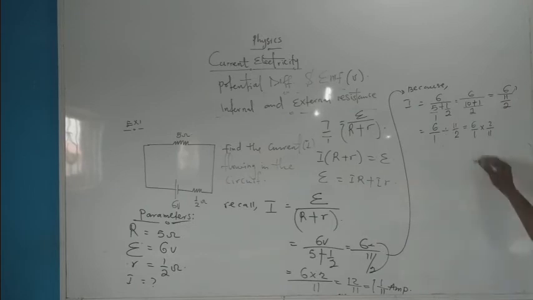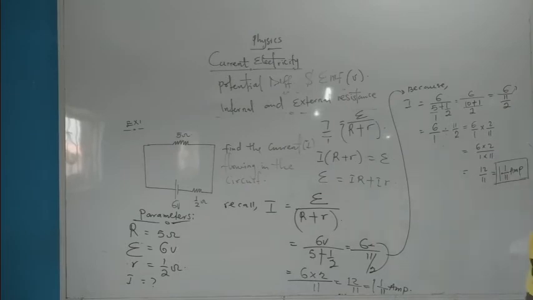Can you see that? Which is equal to 6 times 2 over 1 times 11. Are we together? And that gives 12 over 11, which is equal to 1 odd number, 1 upon 11 amp.